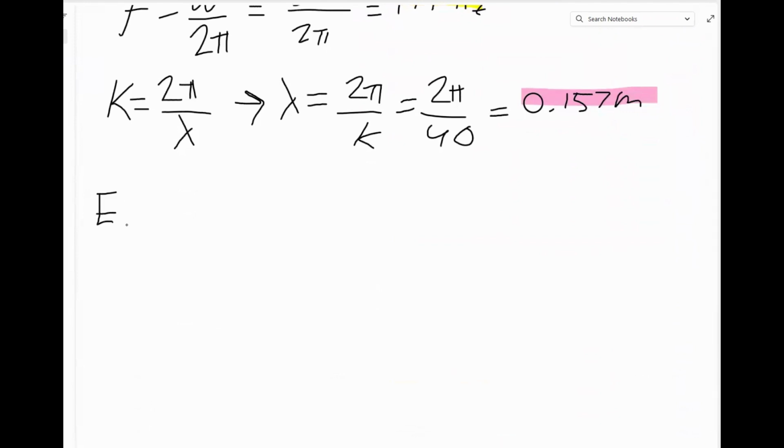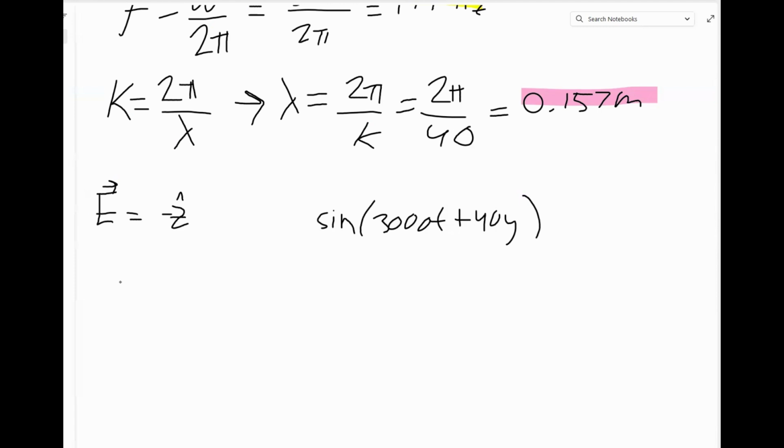And so we got the direction, which is negative z hat. And then we also have the sine (3000t) plus 40y.